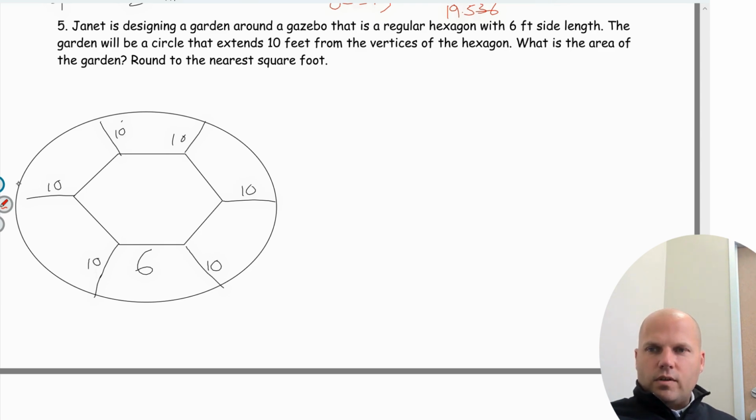What's the area of the garden? Garden is this. This is a great question. I love this question. Whoever came up with this question.